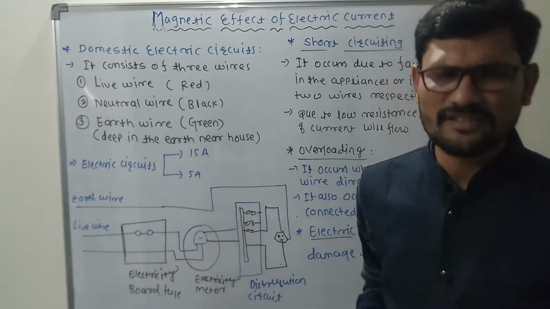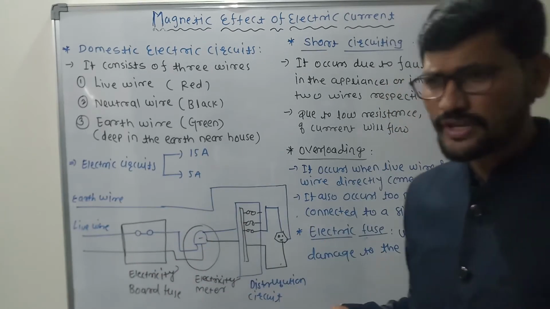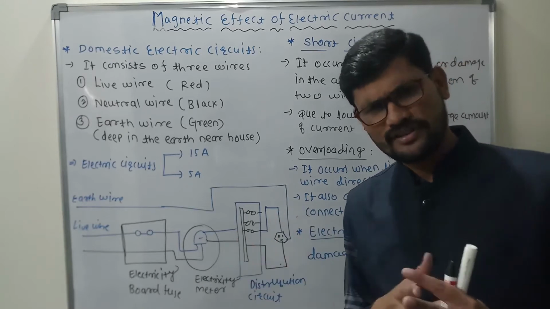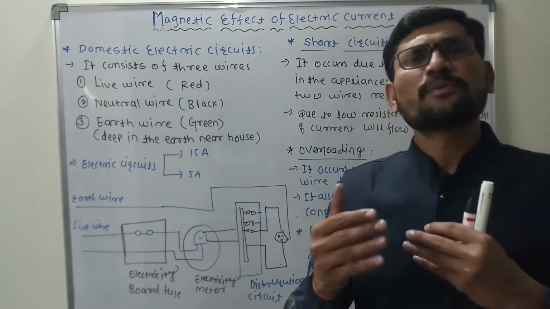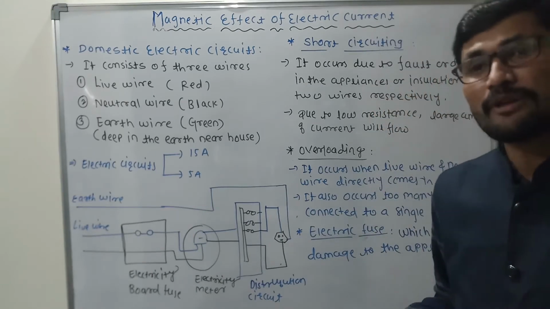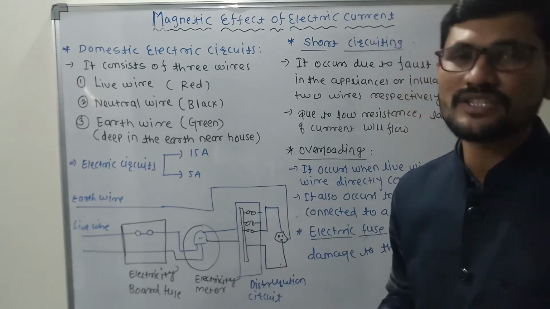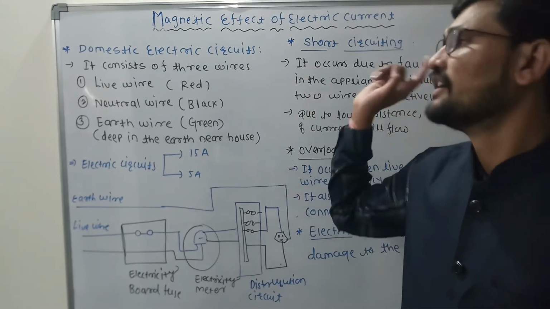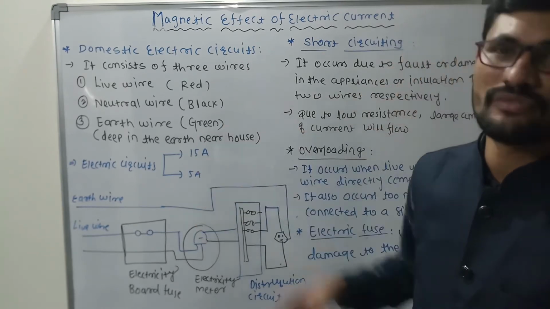When we use them, if there is any leakage of current from these appliances, a potential difference will be maintained between the earth wire and the live wire.